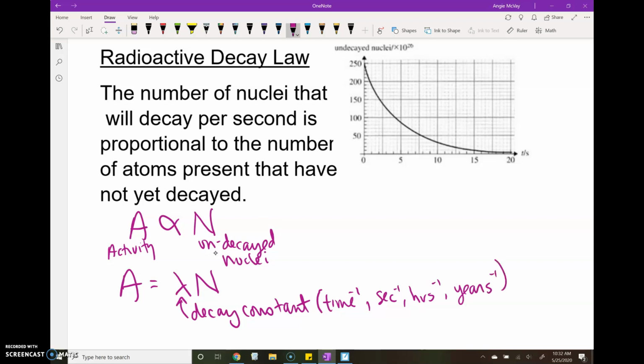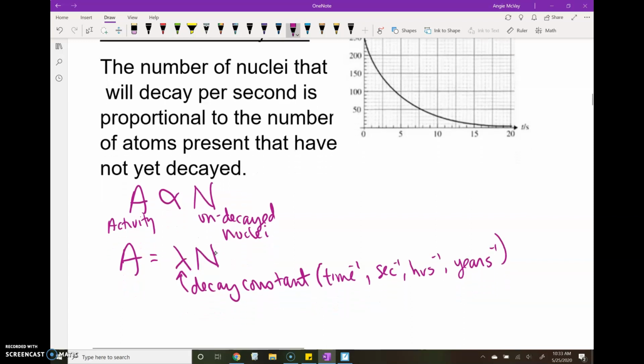Doesn't super duper matter, just as long as you know what unit of time you're talking about. Okay, so activity is proportional to the number of undecayed nuclei, where there's a decay constant in 1 over time.